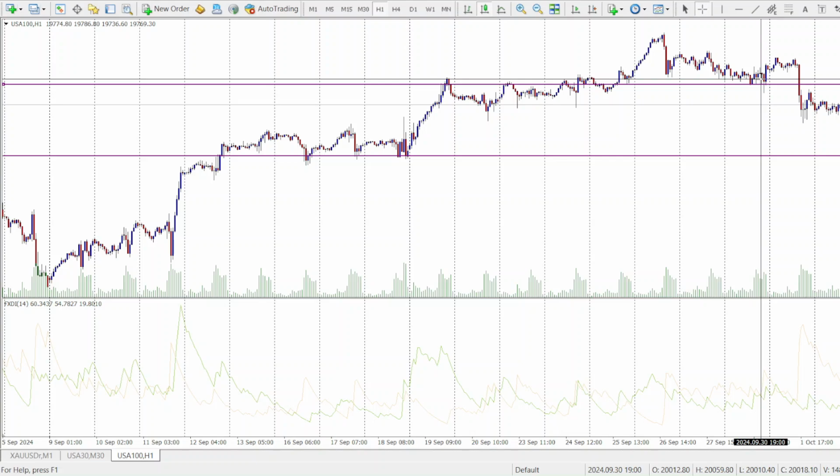Always make sure that you observe good risk management. Do not trade with any money that you cannot afford to lose, okay? And make sure that you employ a good risk to reward ratio, so that your trades can eventually be good.